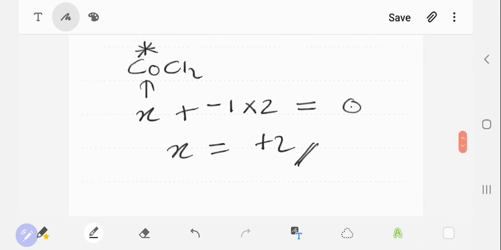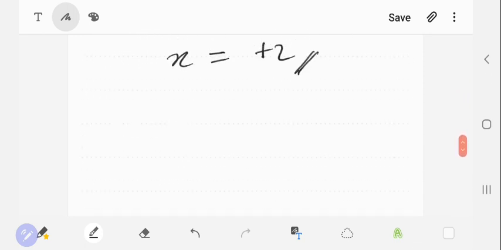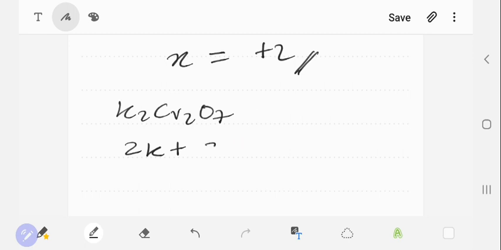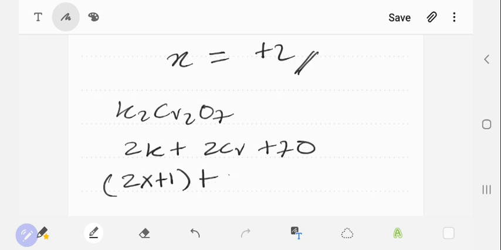Another case we'll see: K2Cr2O7. There are 2 potassium, 2 chromium, 7 oxygen. We know potassium's oxidation number; it is group 1A, so it is +1. 2 times +1. We don't know chromium, so we take 2x.